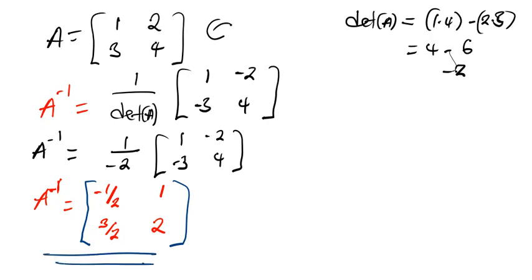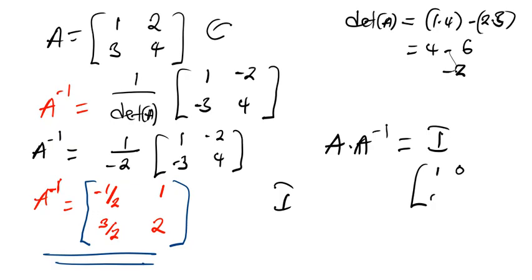Another thing you need to know under inverse is this: if I multiply A times A inverse, what I should get is an identity matrix. Now, what is an identity matrix? An identity matrix is basically a matrix that is 1, 0, then 0, 1.